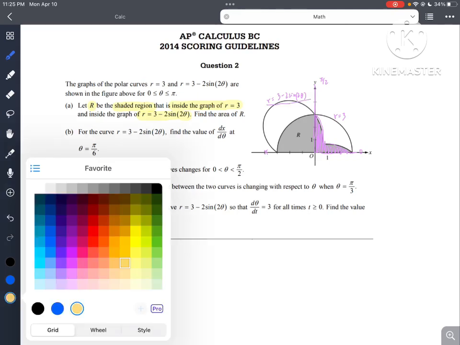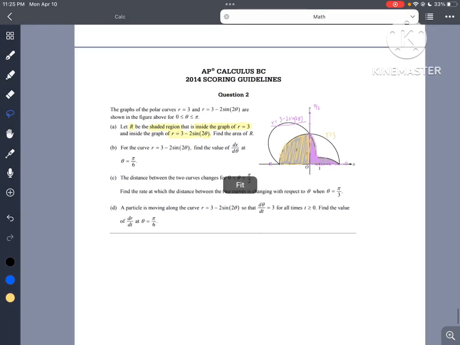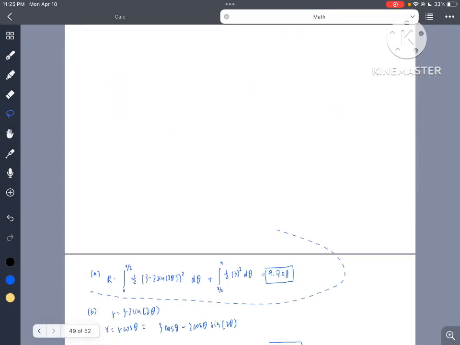And then we have the other part of the graph, which is this section, and it's from pi over 2 to pi, and the graph of this is r is equal to 3. So let's just use the area formula to find the region R, and if you are not familiar with this, we have linked the relevant video in the chat before, so you can check out our previous videos.